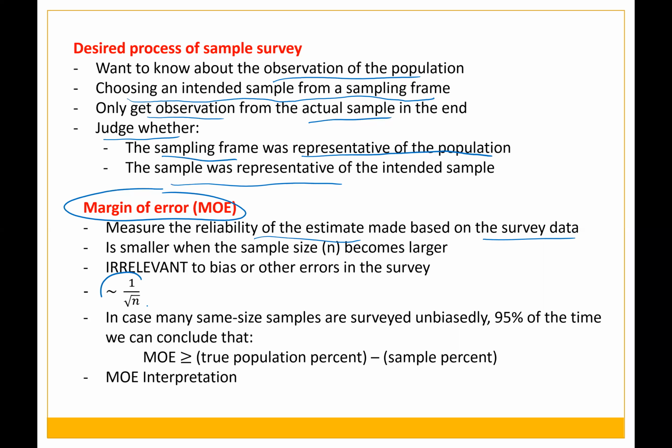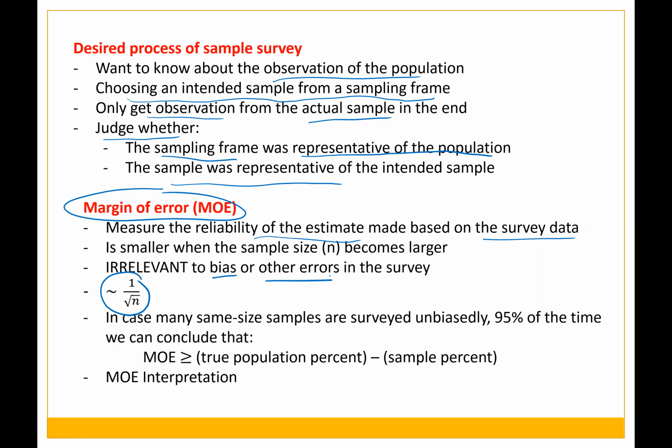In fact, it's directly proportional to 1 over the square root of n, with n being the sample size. This margin of error doesn't tell you anything about bias or other errors in the survey. It only tells us how the error depends on the sample size.